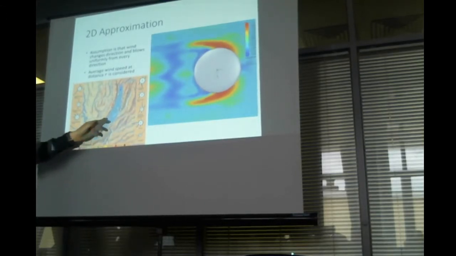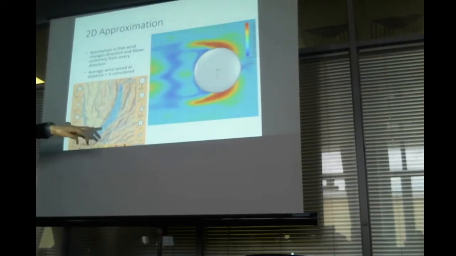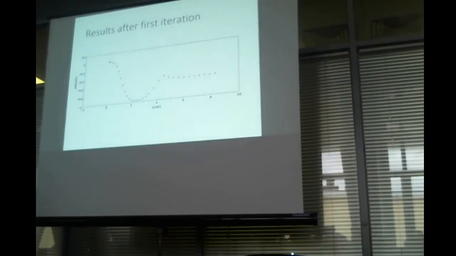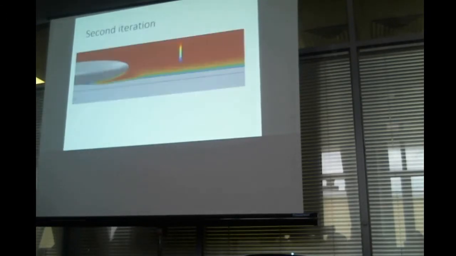And we can see on the real wind map of Baikal Lake that this is really the case. Okay, this results in delta, how much the ice is lowered after the first iteration, and now we put that surface in and found the pressure again.